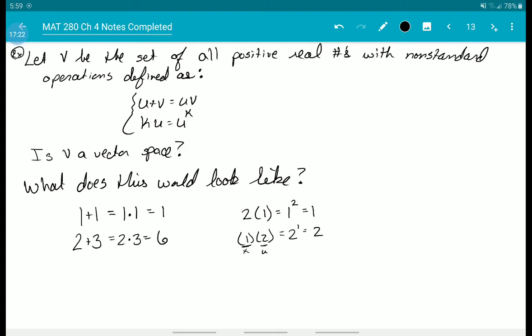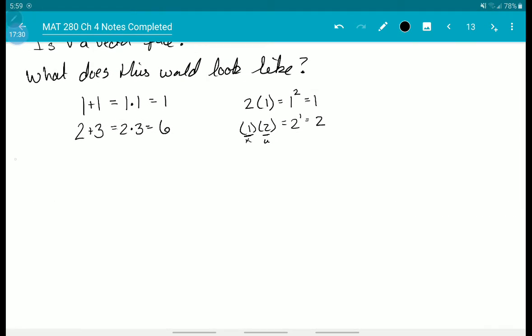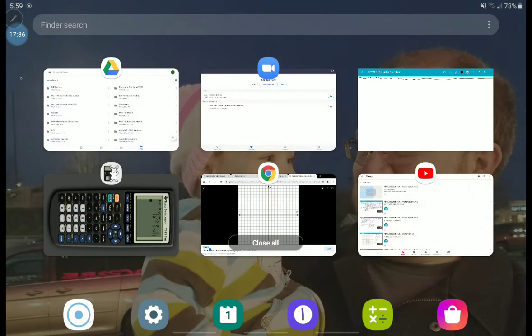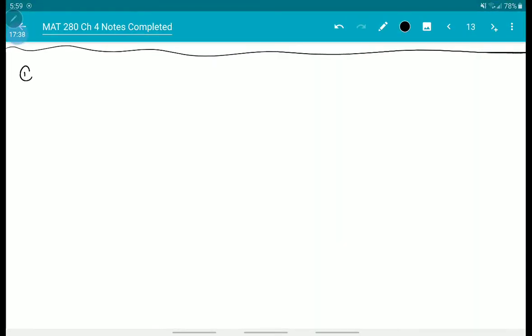Alright, so let's look at this funny world where addition is multiplication and scalar multiplication is really exponential. We're asking, is this going to be a vector space? So, first axiom that we have to look at is closure under addition. Let's do some definitions first. U, V, and W are positive real numbers, and C and D are scalars.